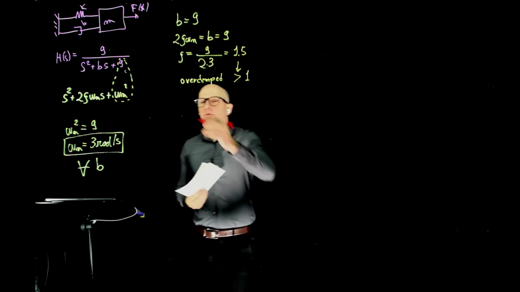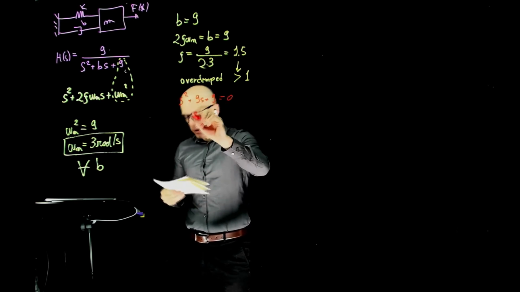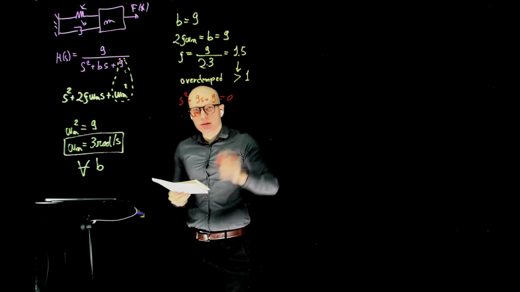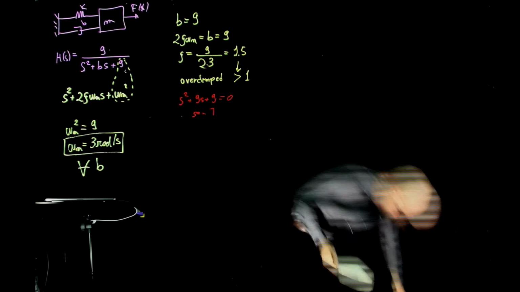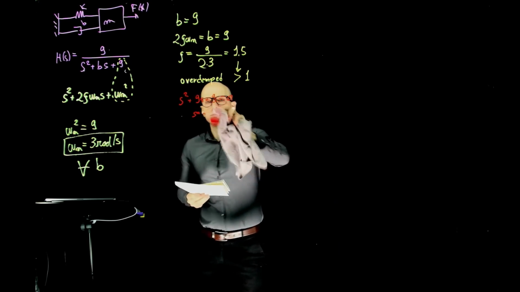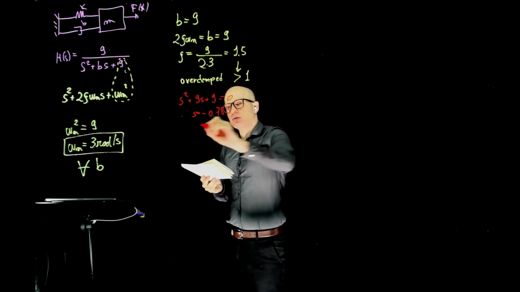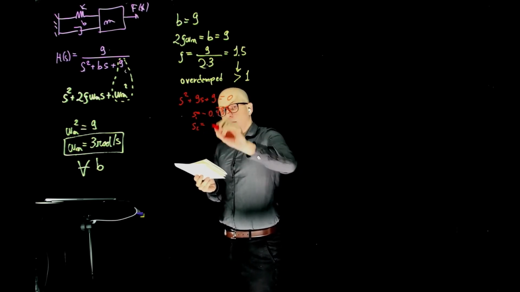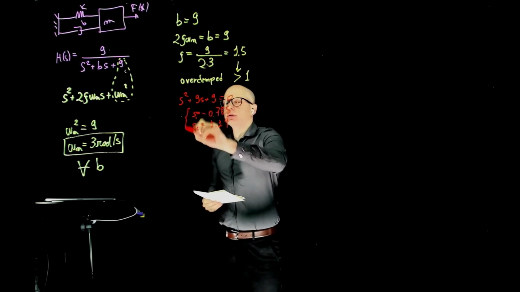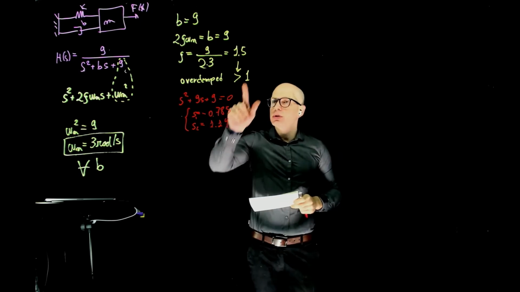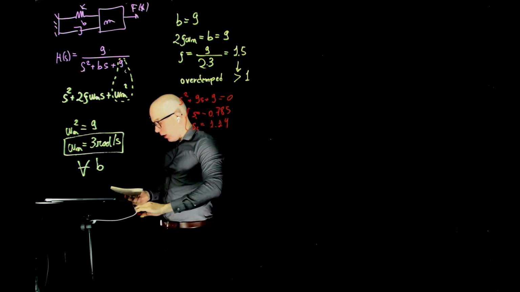When you solve for the roots, s squared plus 9s plus 9 equals 0, we have s equals negative 0.785, that's one, and the second one is negative 1.14. These are the two roots of the system, right? Real roots, because the damping ratio is greater than 1, all makes sense for now.